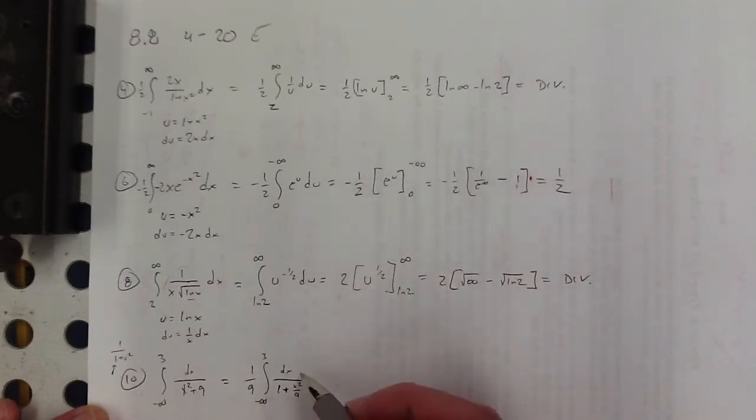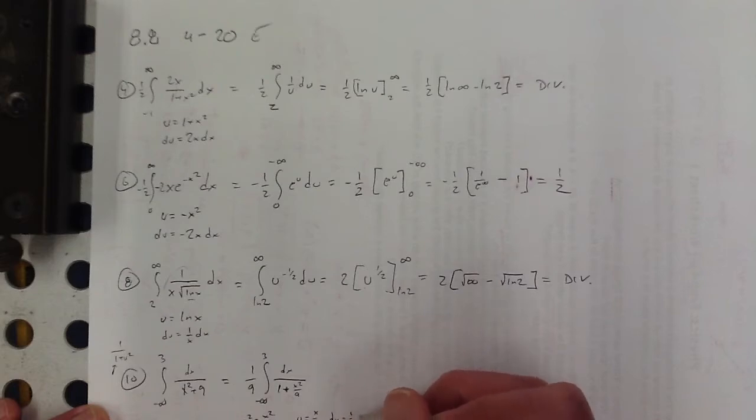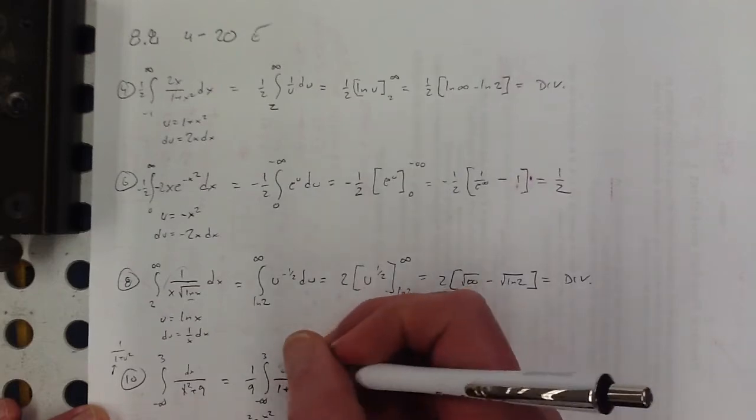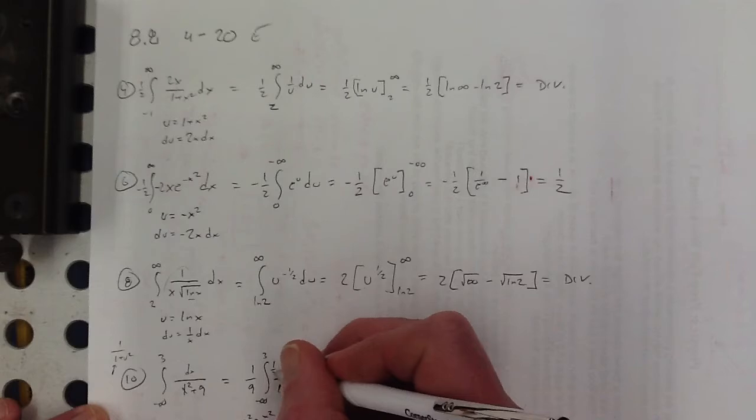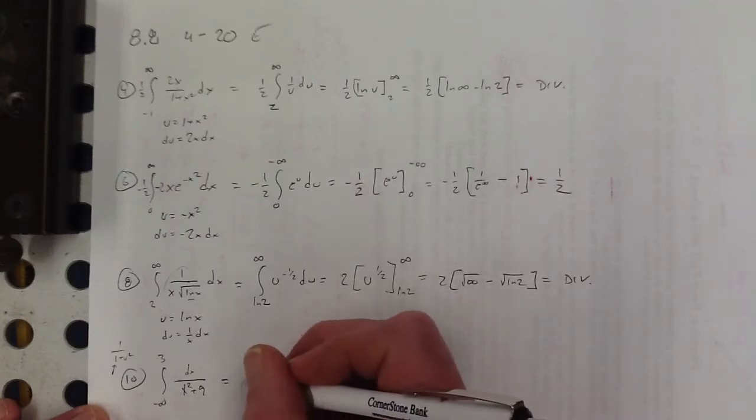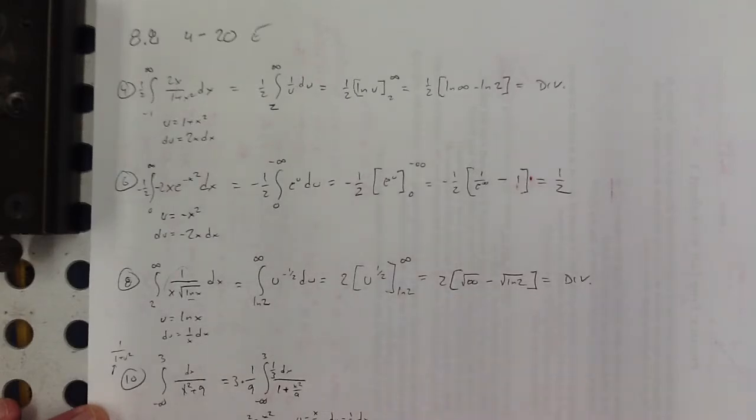So now I would like this right here to be a u squared. So if u squared is x squared over 9, that means u is x over 3, which means du is 1/3 dx. So that means I need a 1/3 on the inside, and that means I'll need a 3 on the outside.